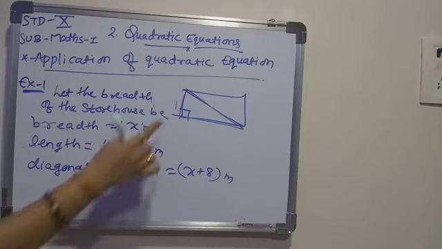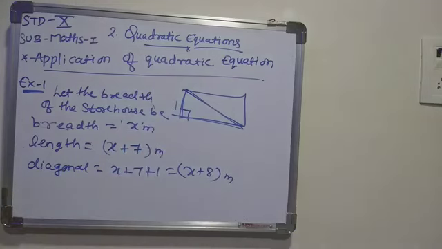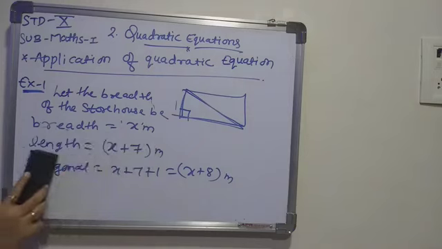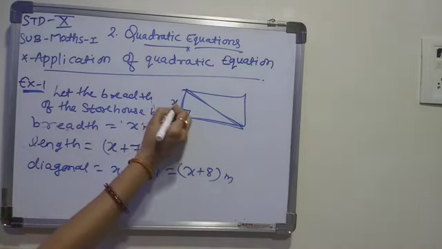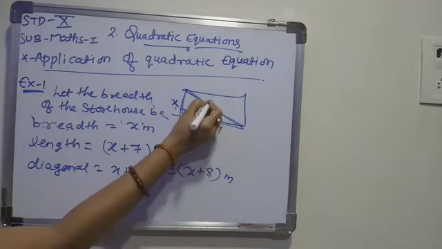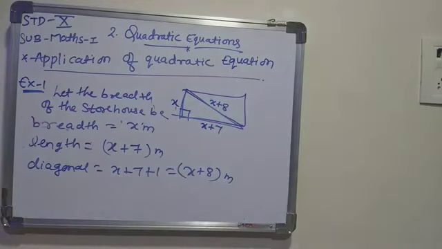So basically you are getting a right angle triangle. Whenever there is a right angle triangle, we use the Pythagoras theorem. Remember this, your breadth is x, your length is x plus 7, and your diagonal is x plus 8 meter.